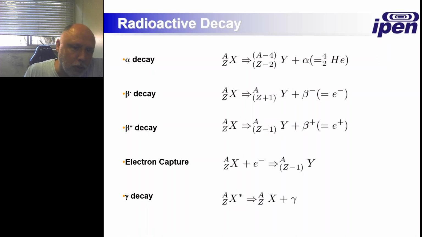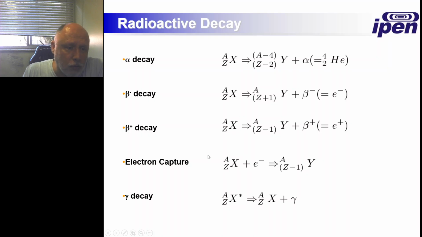One thing should be noticed in all these cases, and it's always true: charge must be conserved. So if you gain one unit of charge in the nucleus, you have a negative charge emitted. If you lose one unit of charge in the nucleus, you have to emit this charge, right?